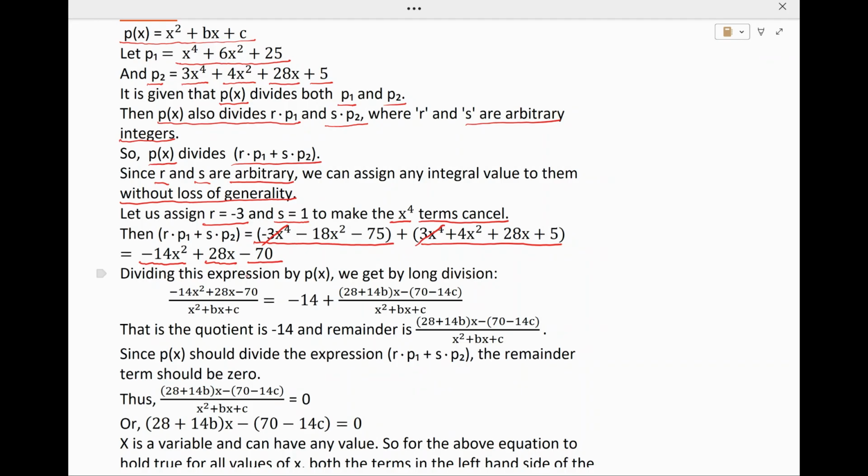Dividing this expression by P(x), which is x² + bx + c, by long division we get a quotient of -14 and a remainder of this term.